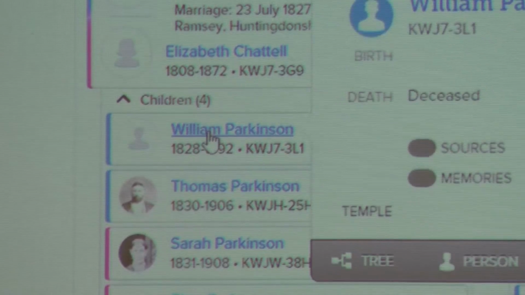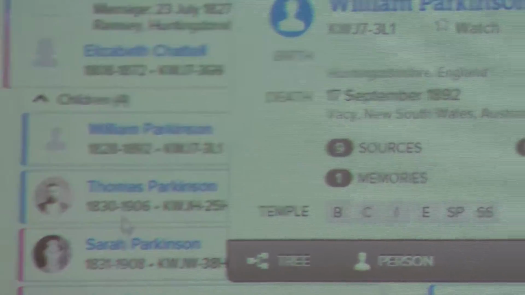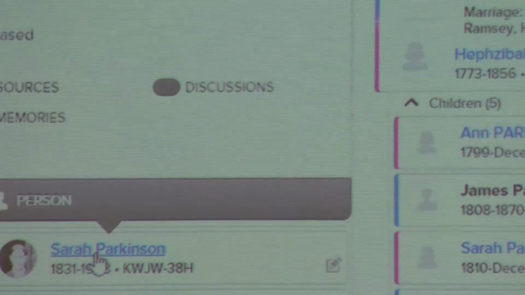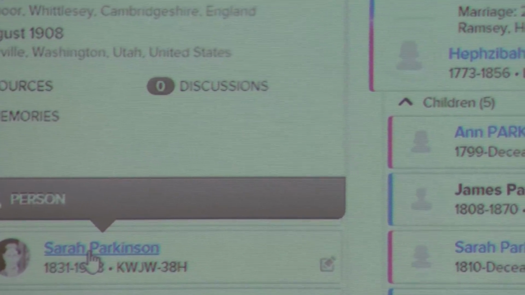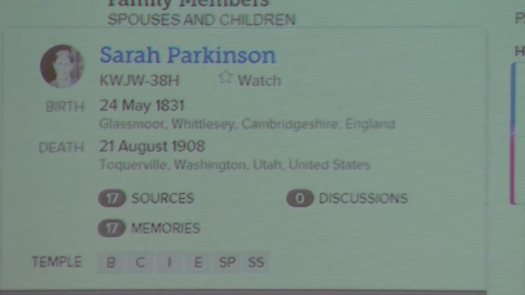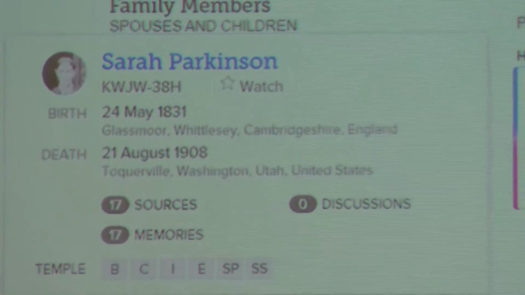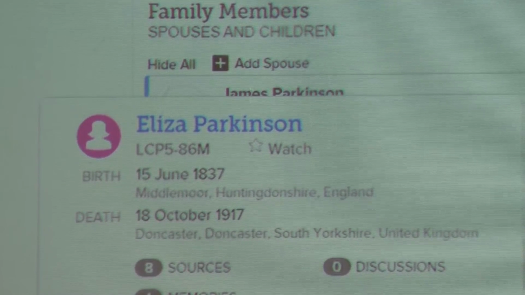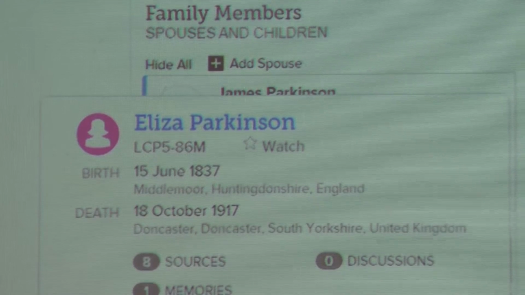So the first one's Huntingdonshire, next is Thomas, who's Huntingdonshire, next is Sarah, who's in Cambridgeshire, it says, and then she dies in Tokerville, so obviously she must have come to the United States. The fourth one is born in England and dies in Yorkshire, England.